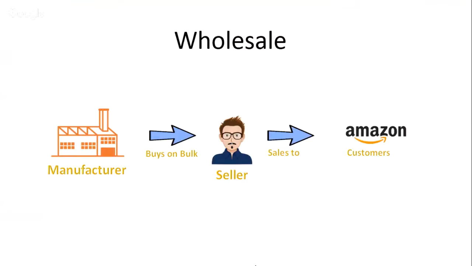But the key here is finding a manufacturer or brand which has already been in the offline retail market and has been doing good for some time. Their products are selling really well offline, but they do not have an online presence and do not know how to sell online.